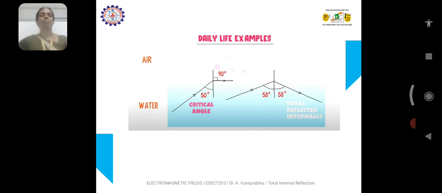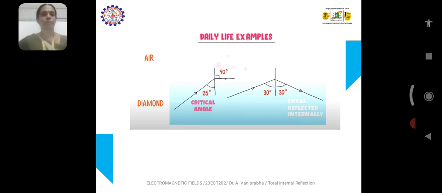Okay. Some real-time examples: whenever a light ray travels from water to air or air to water, based on the value of the critical angle, it either gets refracted exactly parallel to the boundary, or it gets completely reflected within the same medium, which is nothing but total internal reflection.